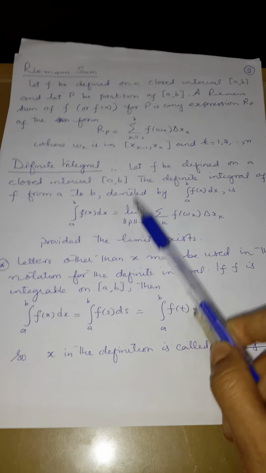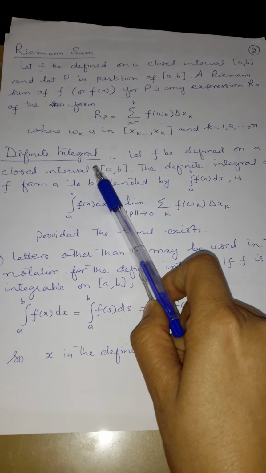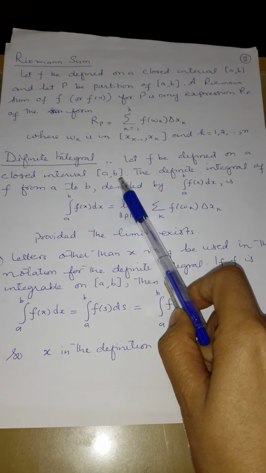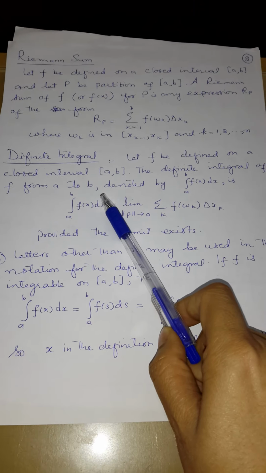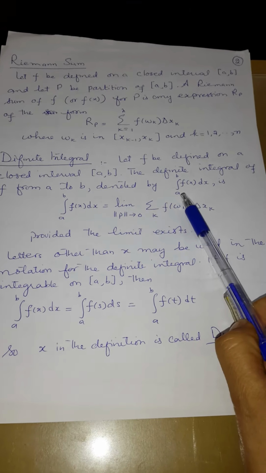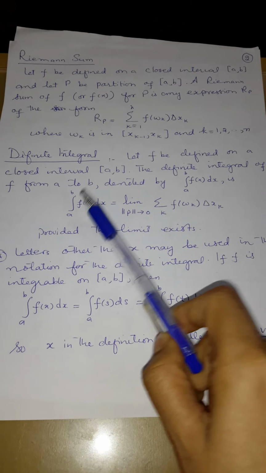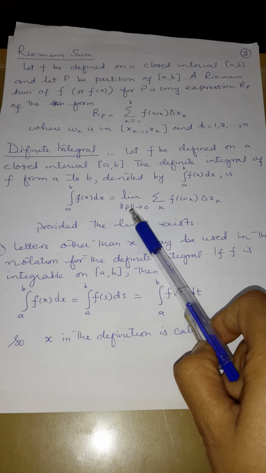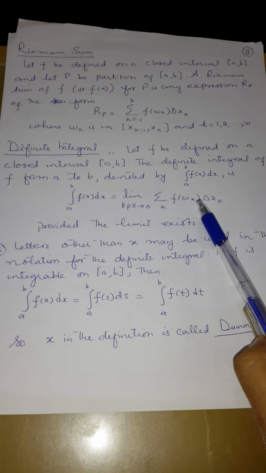Then we come to the definition of definite integral. Let f be defined on a closed interval a b. The definite integral of f from a to b, denoted by the integral from a to b of f of x with respect to x, is equal to the limiting value of the Riemann sum.